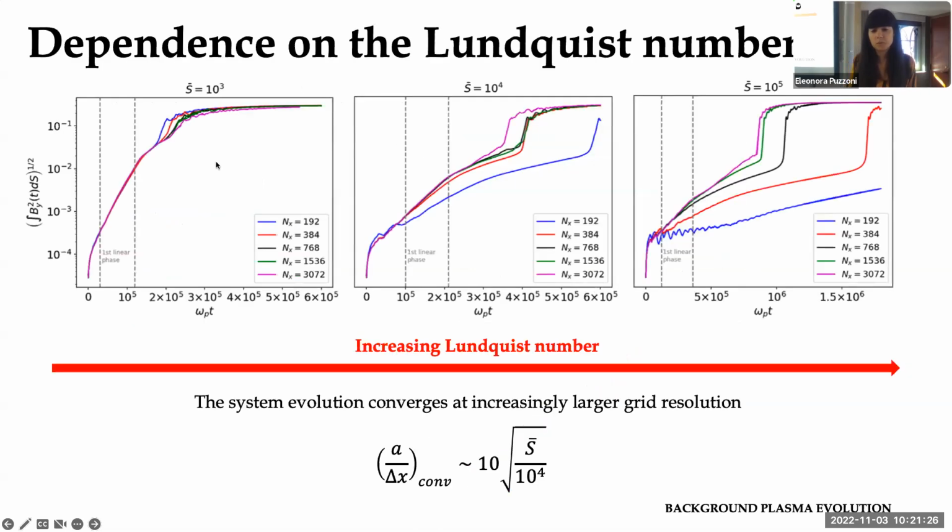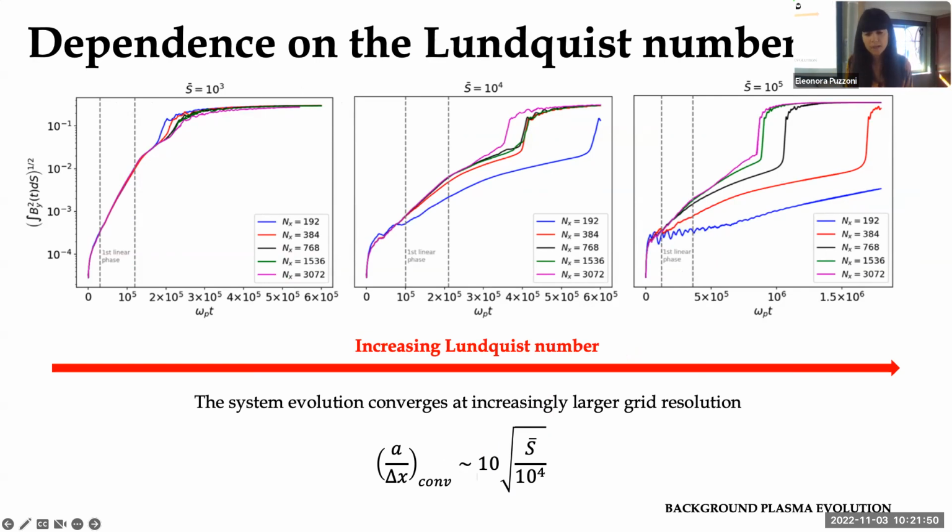So we decided to study the growth of the perturbation for different values of the Lundquist number, equal to 10^3, 10^4, and 10^5, and for different grid resolutions marked by the different colors. We see that as the Lundquist number is increased, so if we go from the left to the right, convergence is achieved at higher and higher grid resolution.